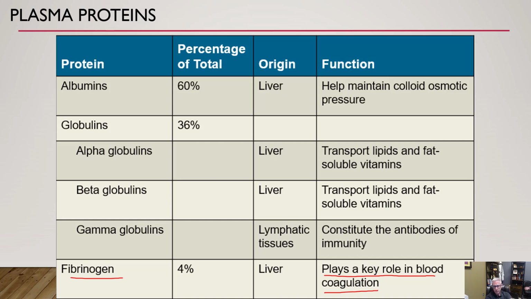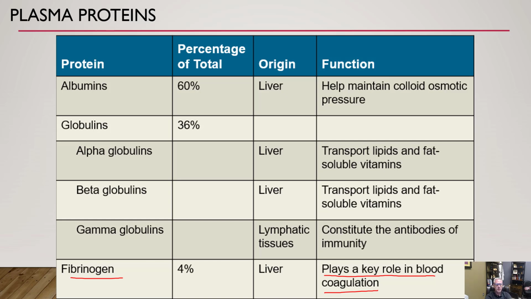This can result from starvation, a protein deficiency diet, or an impaired liver that can't synthesize plasma proteins. Either way, you'll see water accumulation or edema in the tissue spaces. And that goes back to that 20 and 17 that I was talking about.